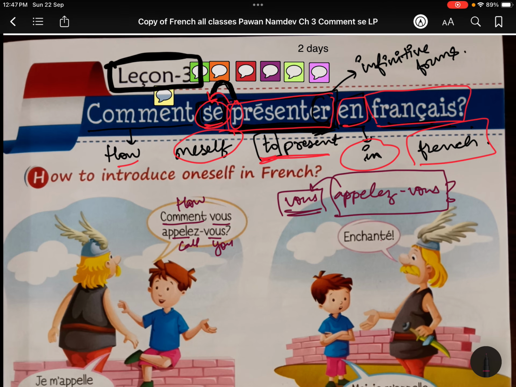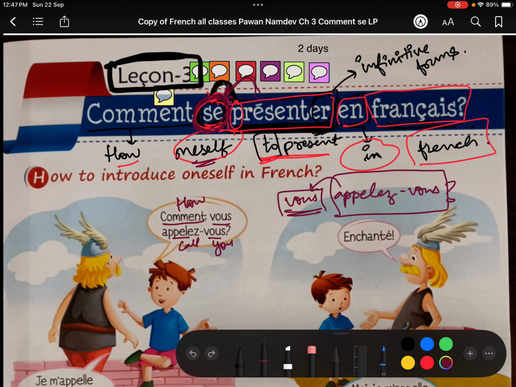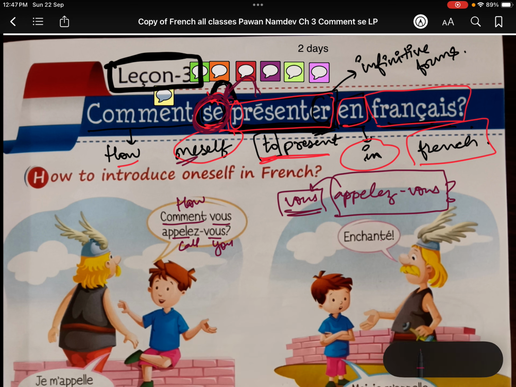As here we are having se before the verb, this means oneself. So this vous means yourself.